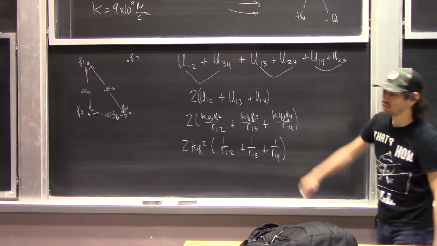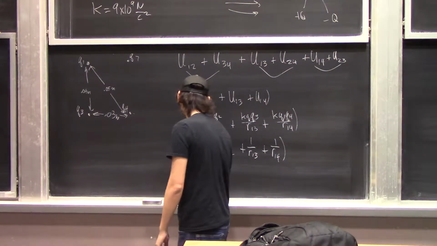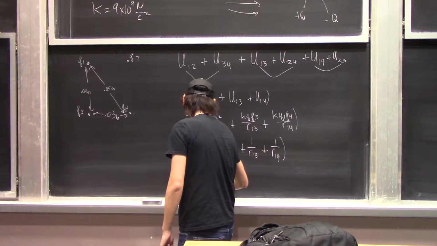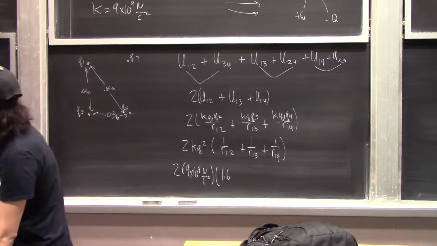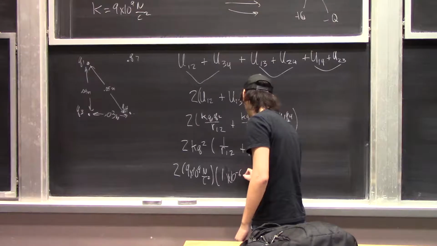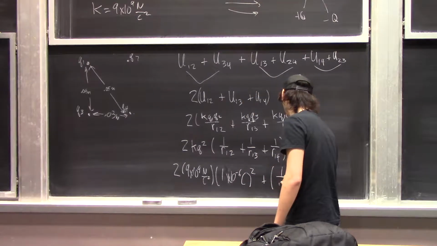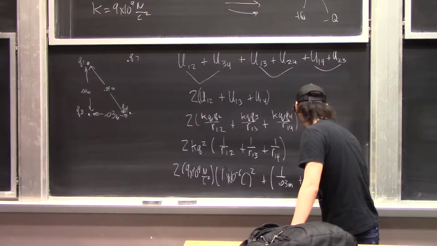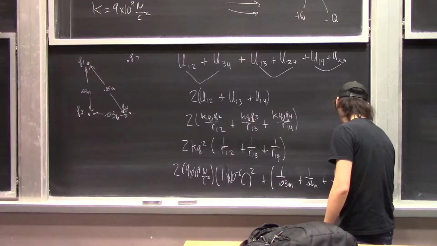And now that you have it in this form, it's one line with your calculator. Plug in for each value here. So this is 9 times 10 to the 9 newton meters squared per coulomb squared times 1.6. Was it 1.6 or was it just 1? 1 times 10 to the minus 6 coulombs squared, multiplied by 1 over 0.03 meters plus 1 over 0.04 meters plus 1 over 0.05 meters.